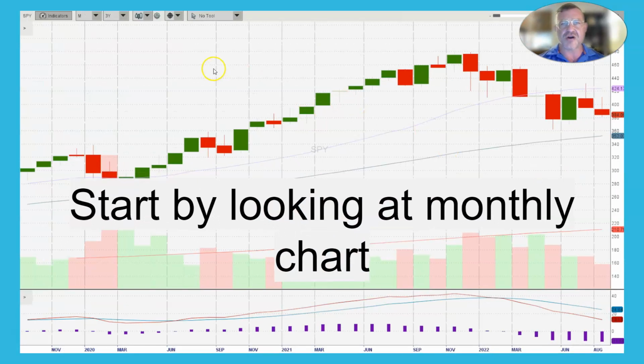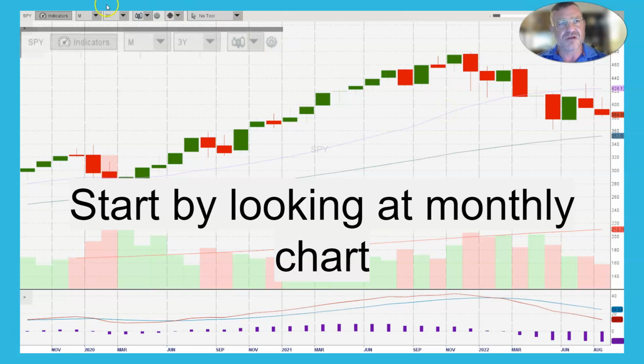Now, we're going to start off by looking at the monthly chart. First of all, what is a monthly chart? Right now we're looking at Japanese candlesticks, and each one of these candles represents 1 month of time. Where do we find that? Right here, M for monthly.